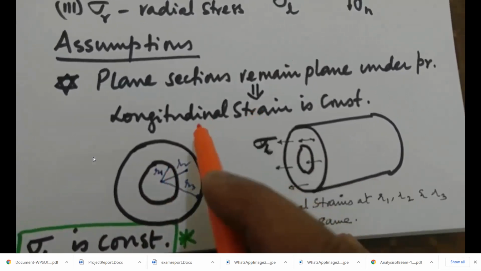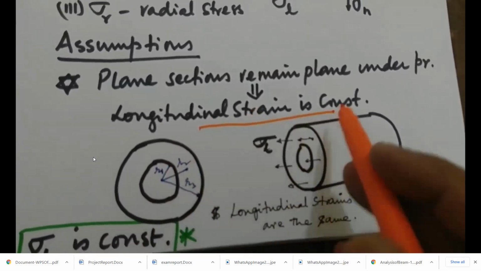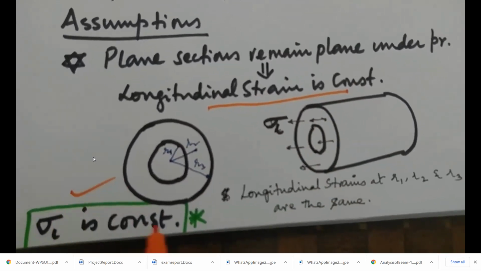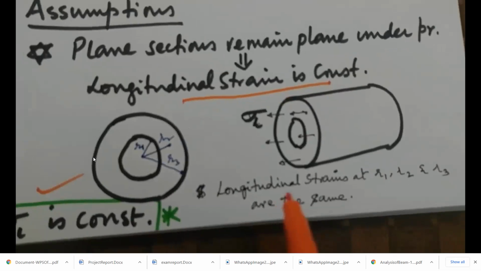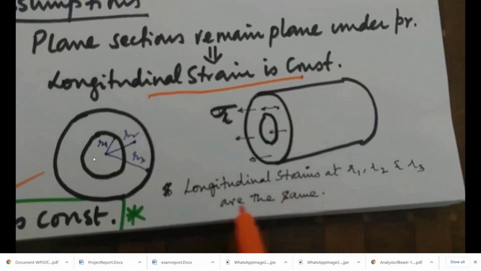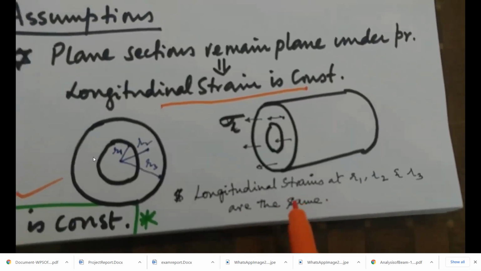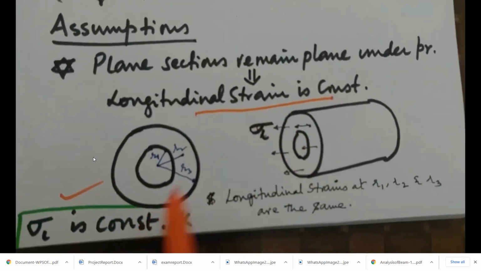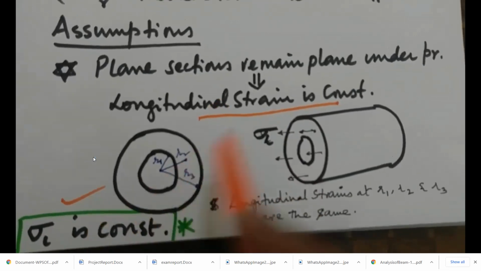So, the key point is the longitudinal strain is constant, which also means the longitudinal stress is constant. Longitudinal strains at R1, R2 and R3 are the same. So, this is a very important assumption. The longitudinal strain and the longitudinal stress both are constant.